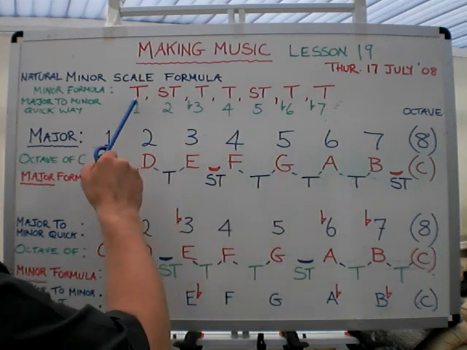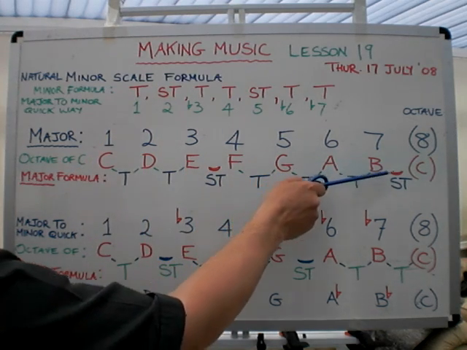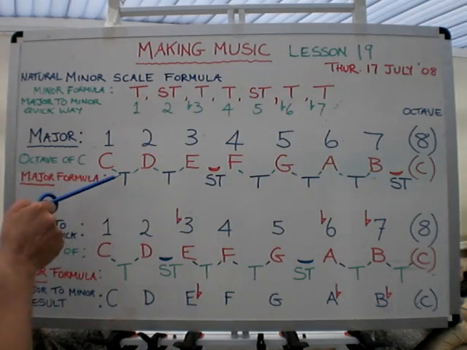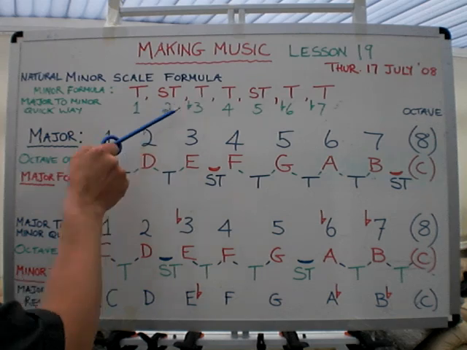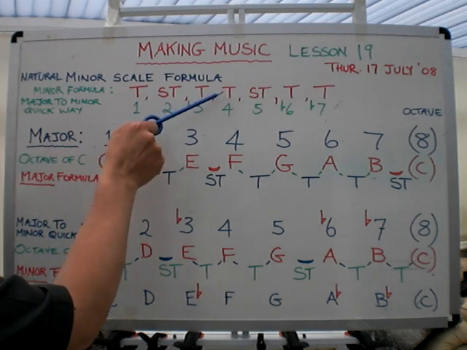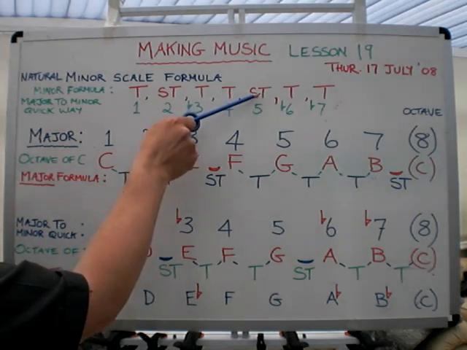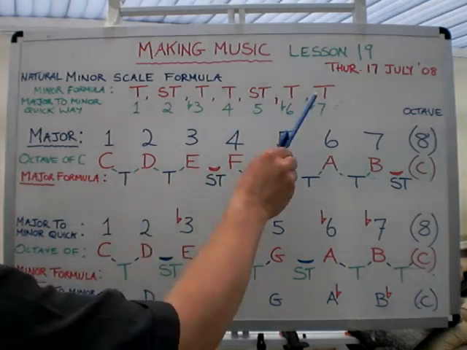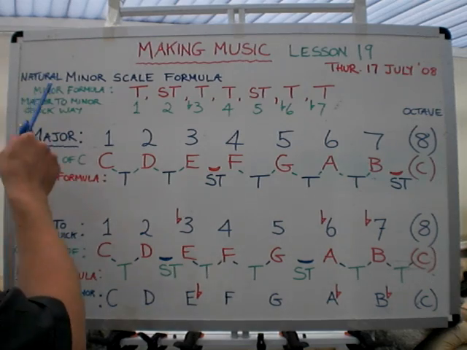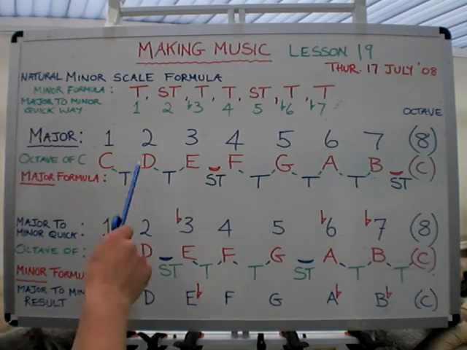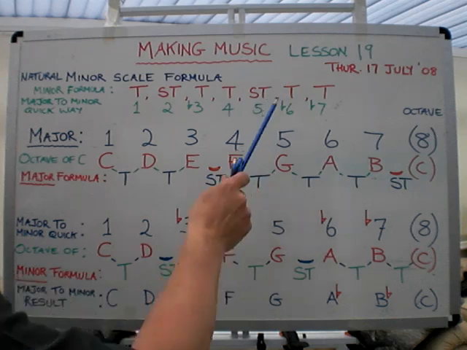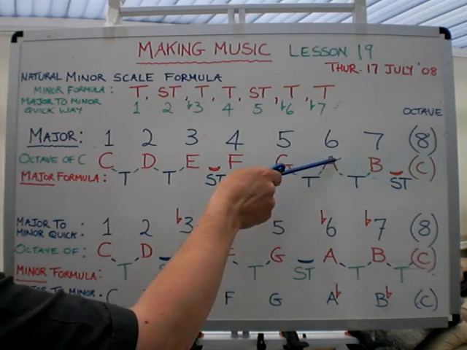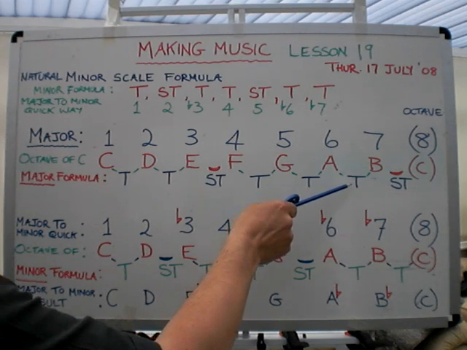Tone, semitone, to the beginning, tone, tone, semitone, tone. That pattern, that new natural minor scale formula or pattern, is exactly the same but just taken from the 6th position.